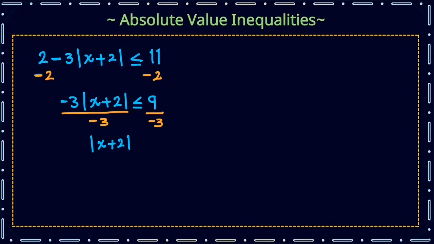So this is going to go from less or equal than to greater or equal than. 9 over negative 3 is negative 3. Let's identify the center. We can write this as x minus negative 2. We have the distance between x and negative 2 greater than or equal to negative 3.